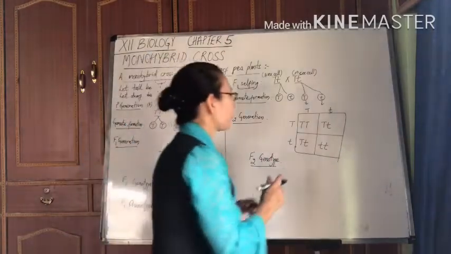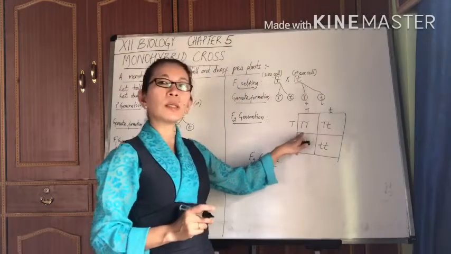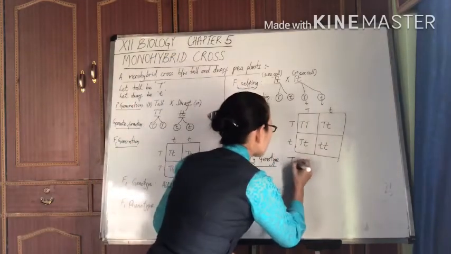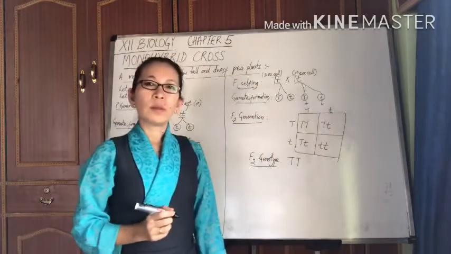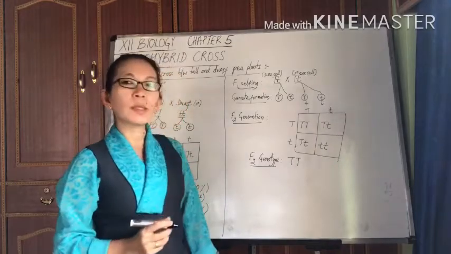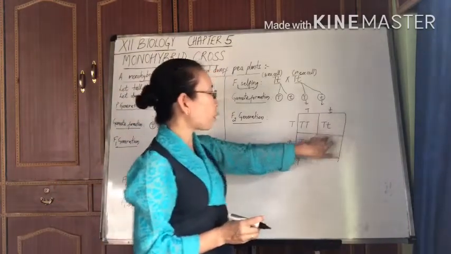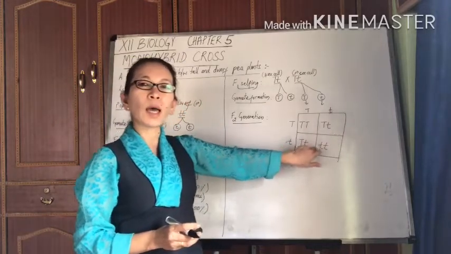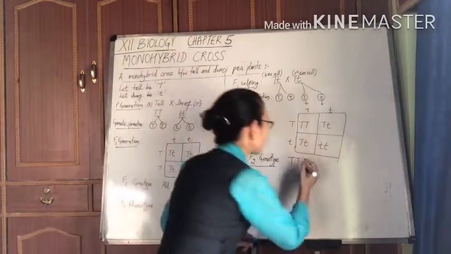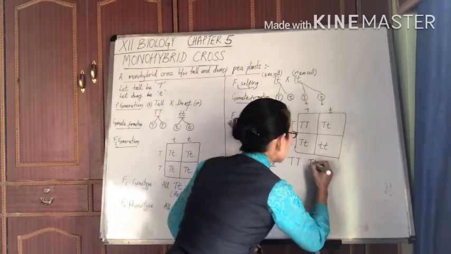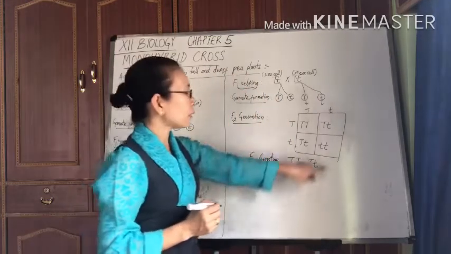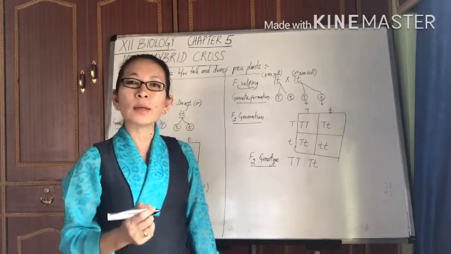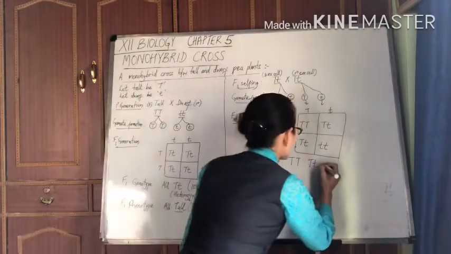Some of the plants can be having a genotype which is homozygous capital T, capital T. Then another type of genotype that we see here is in this box as well as this box, where two of the boxes are having heterozygous genotype, which is capital T, small t. And the last box here has another type of genotype, which is homozygous recessive genotype, which is small t, small t.